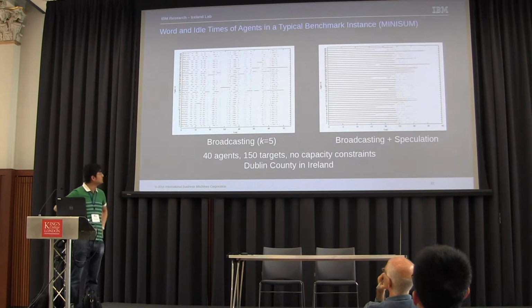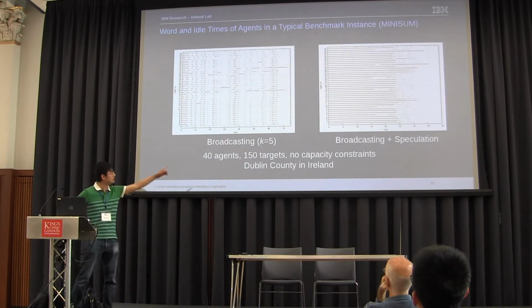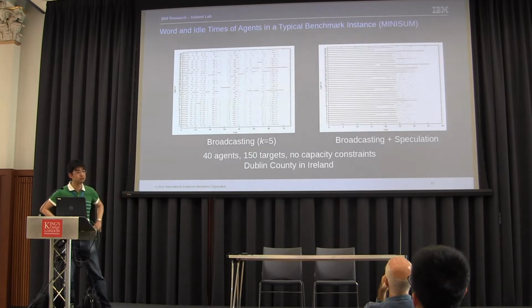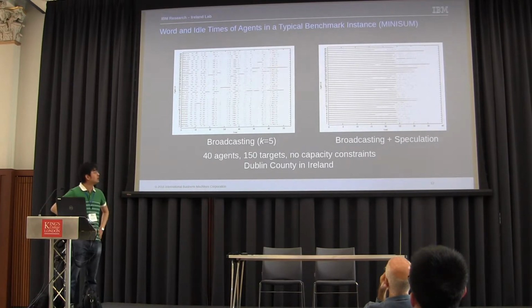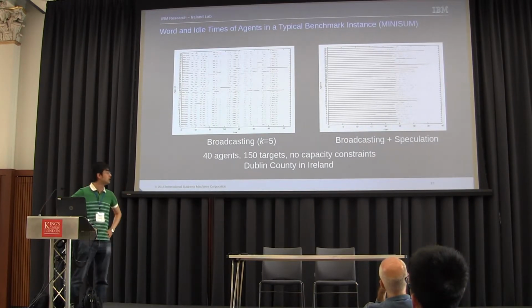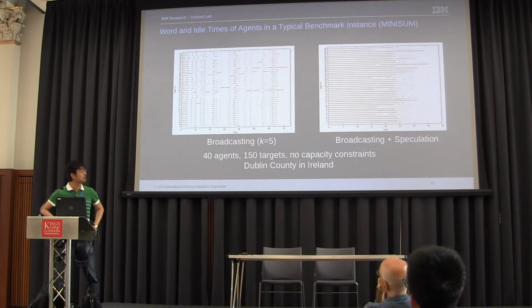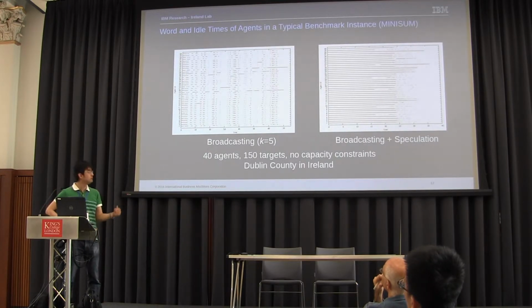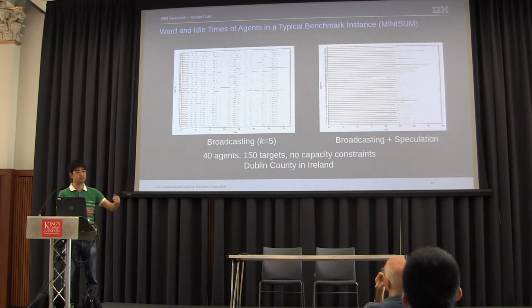However, for the case of mini-sum, we still have a lot of idle time. We improved the performance dramatically, but especially when it comes to the ending stage, we still suffer from idle time. The reason is that in the case of mini-sum, there are a few agents that take most of the targets, which increases the path size.